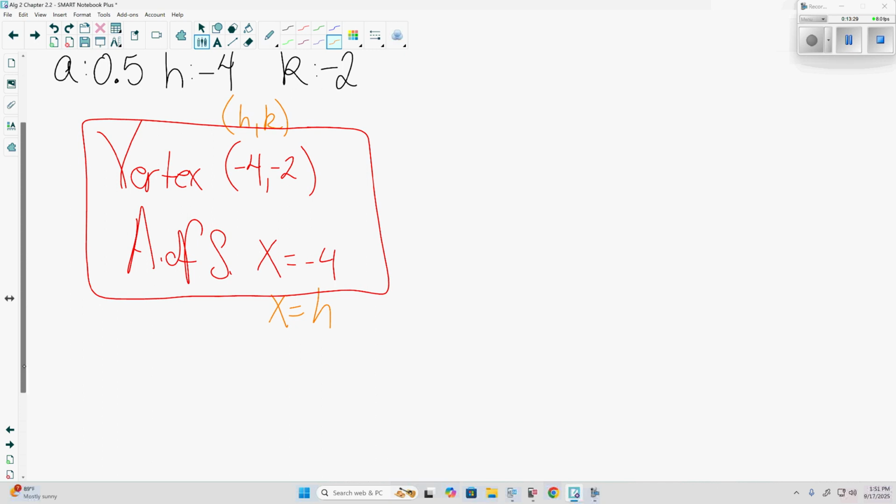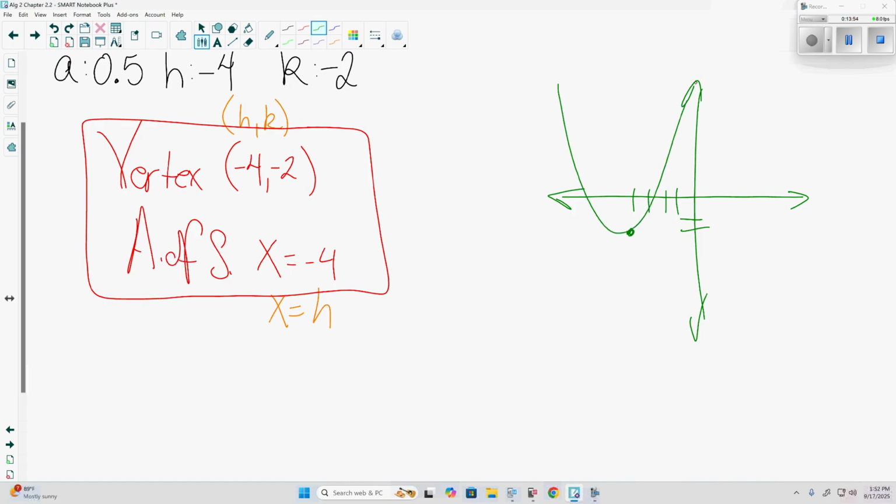Because just knowing this and the fact that a is positive, if we were to graph this and just get a general picture, not the exact picture, because -4, -2, the vertex would be this point here. We know since a is positive that it's going to open up. And we know that it should be mirrored across this line. So it gives us a general idea of what it looks like.